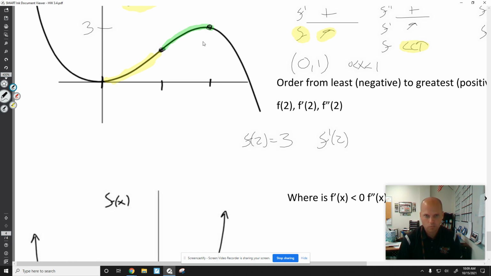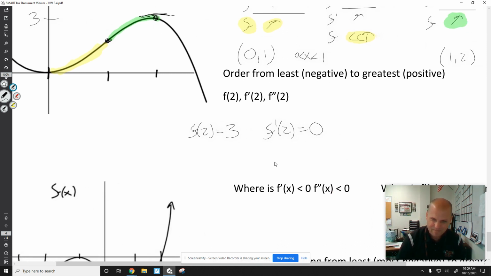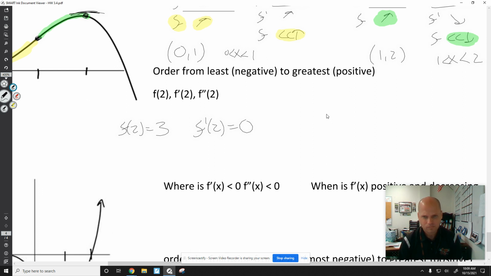What's F prime of 2? Well, the slope of the tangent here would be F prime. That looks like a horizontal tangent, so I'm going to say that's 0. What is F double prime of 2? Oh, you know what? F is concave down, right?